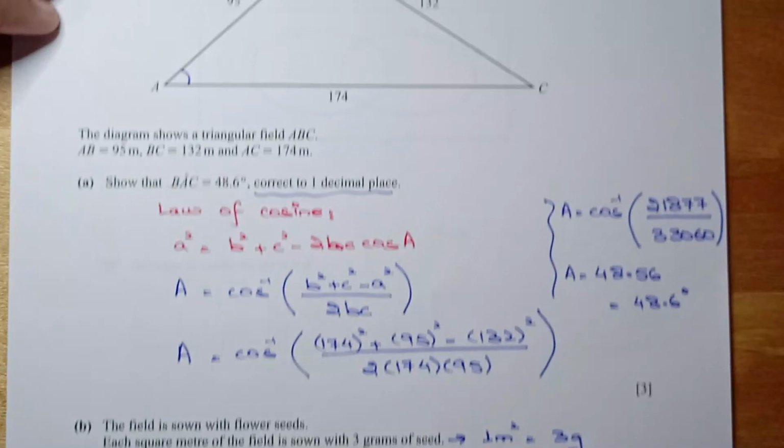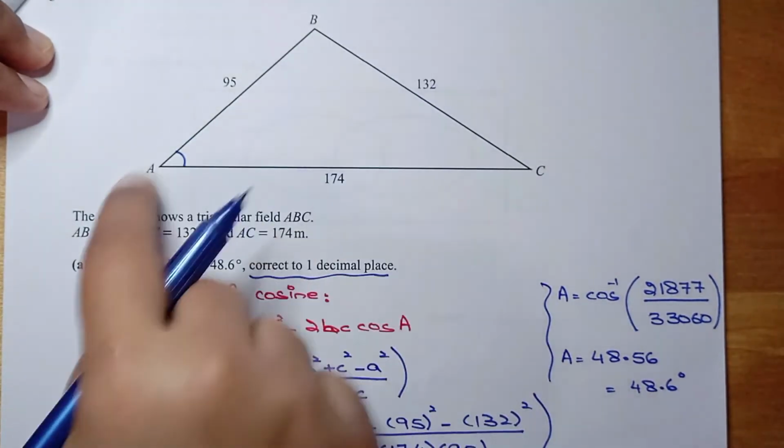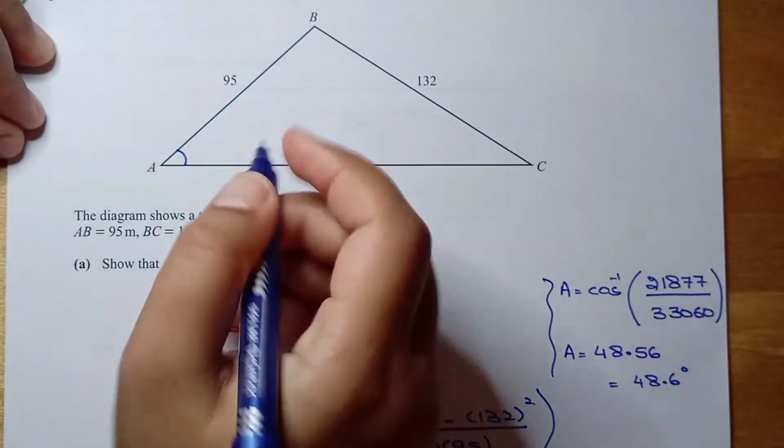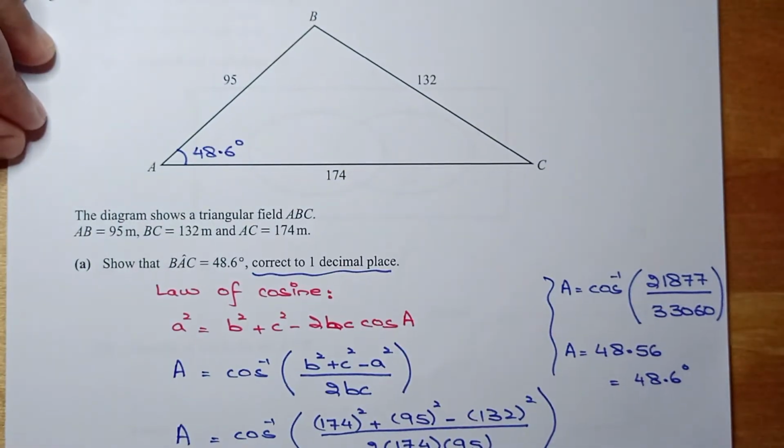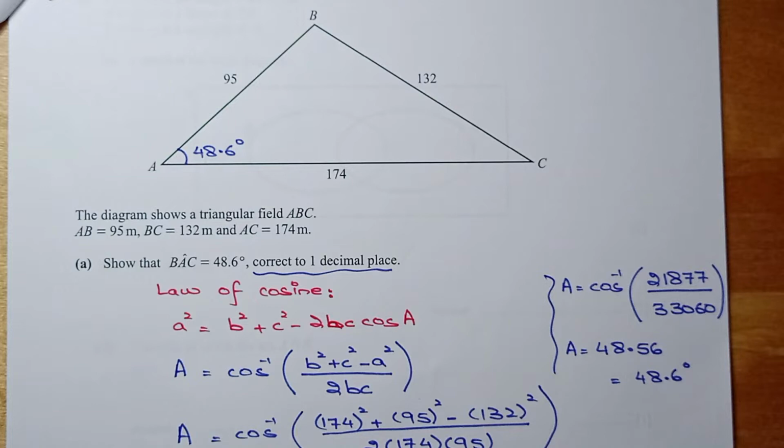Okay, so as the field is triangular, we need to find the area of this triangle. So we got this 48.6 degrees. We need to find this area and then we can find the cost of the flower seeds needed for the field. So first let me find out the area of that field.